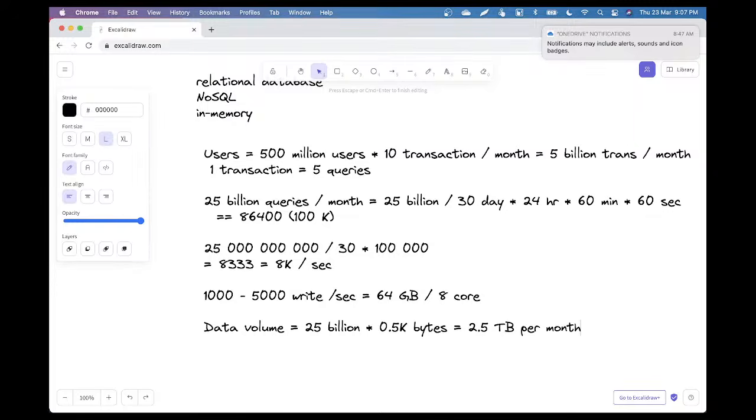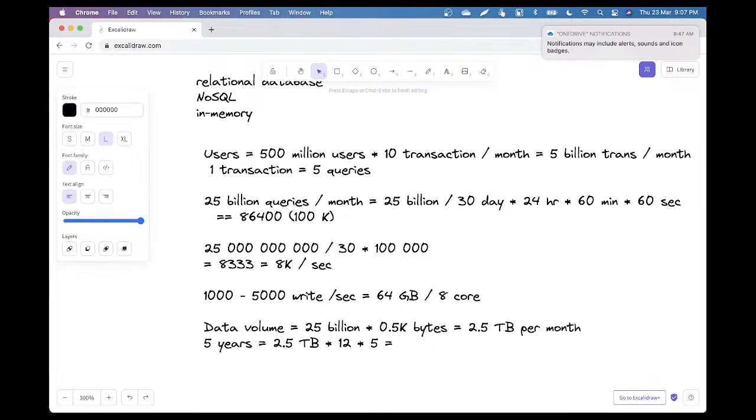Systems like Paytm have to store the information for some number of days based on RBI regulation, because the transaction record has to be kept and should be available for at least 5 years. So your entire database size will be 2.5 terabytes into 12 months into 5 years, if you want to store this information for 5 years.